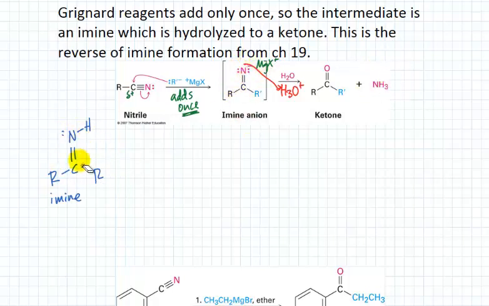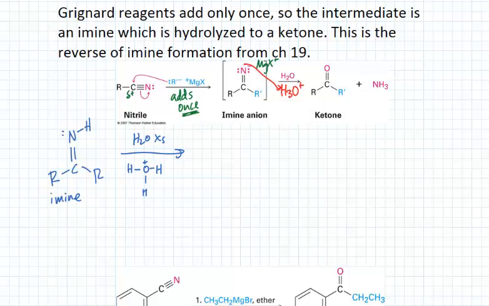On the other hand, if we have an imine with an excess of water, especially if we had an excess acid catalyst, well, what do we think is going to happen? This is going to be the reverse of the imine forming mechanism from the ketones chapter.